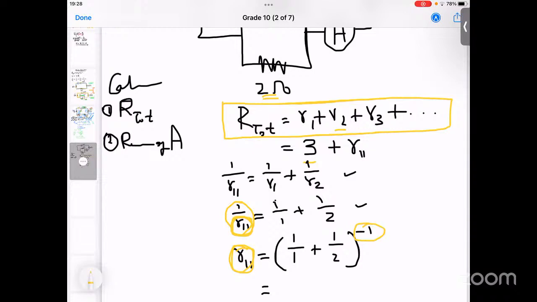Later, it will make perfect sense when we are dealing with more problems, because here I'm just using maths tactics to work it out. If you punch this in the calculator, it gives you 0.67 ohms if you round it to 2 decimal places.